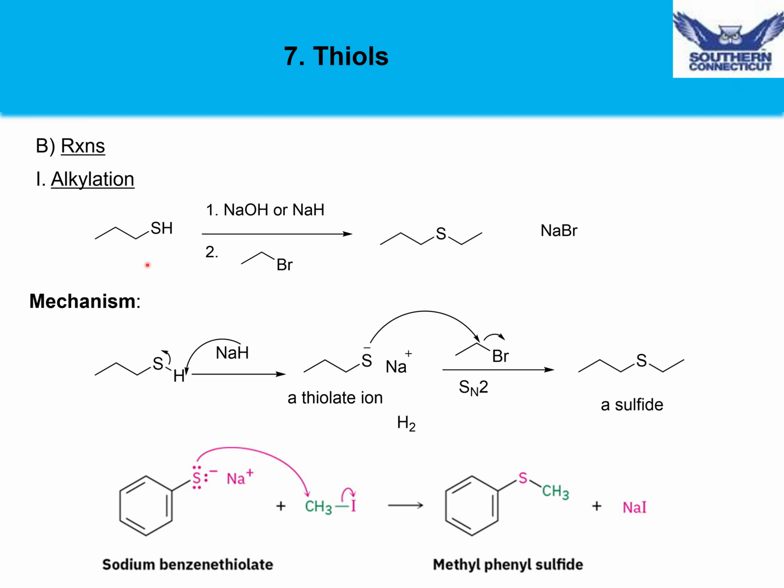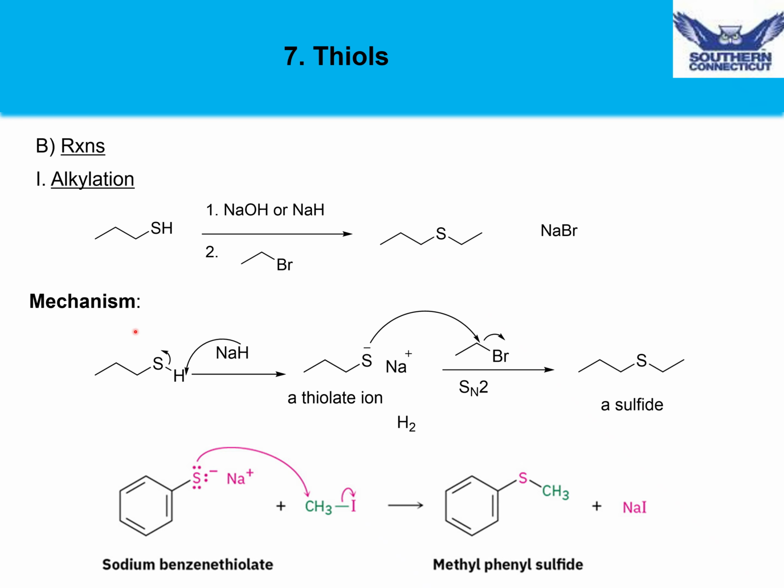One of them is they can be alkylated. If we take a thiol and add a base like sodium hydroxide or sodium hydride, the base will remove the hydrogen on the thiol, make a thiolate ion, which will then attack an alkyl halide in an SN2 type reaction to give us a sulfide.